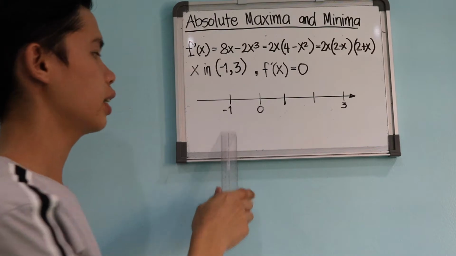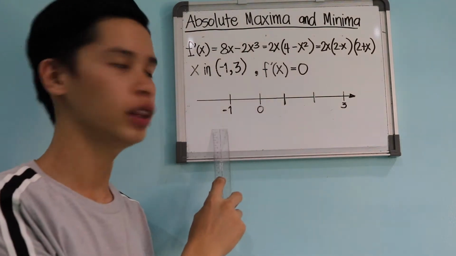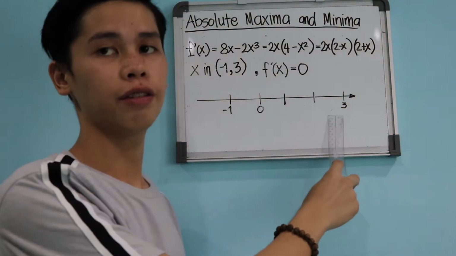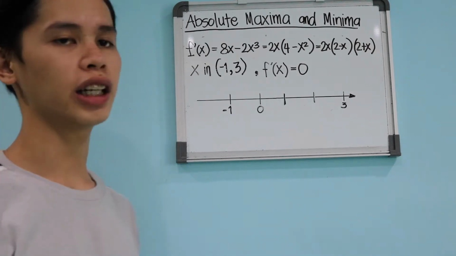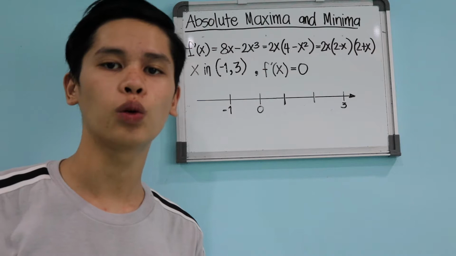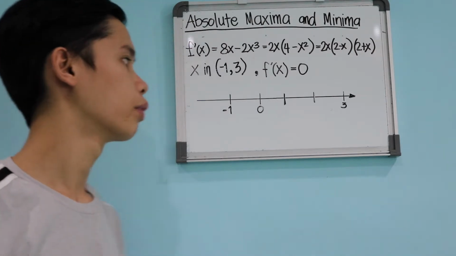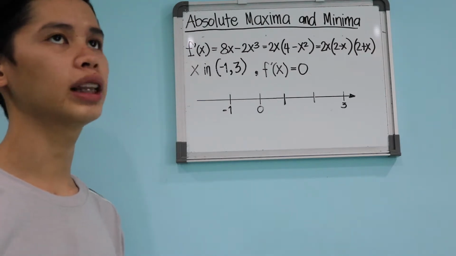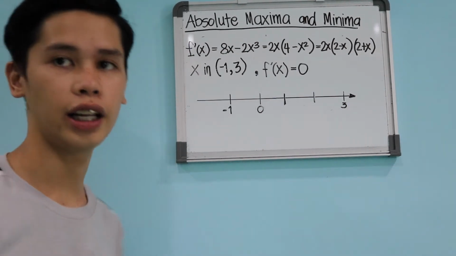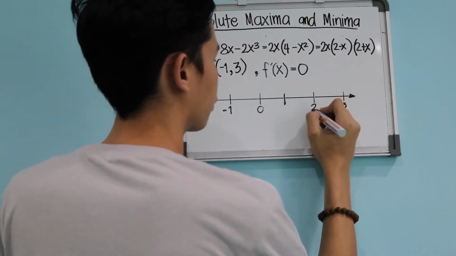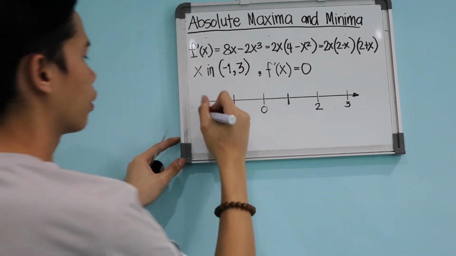So here's our sign chart, ranges from -1 to +3. So we are to find a number at which our derivative will be equal to 0. So we'll think of a number ranges from 0 to 3. So let's try 2. Plug it in.